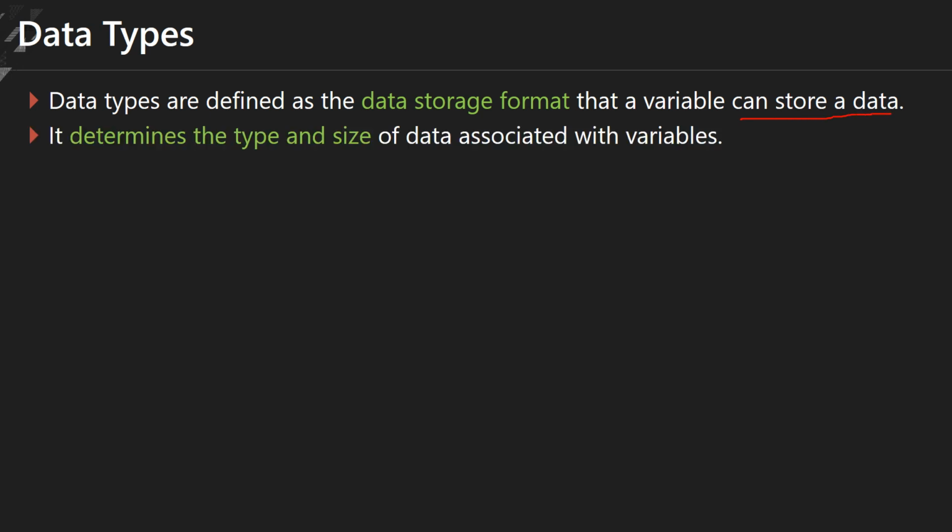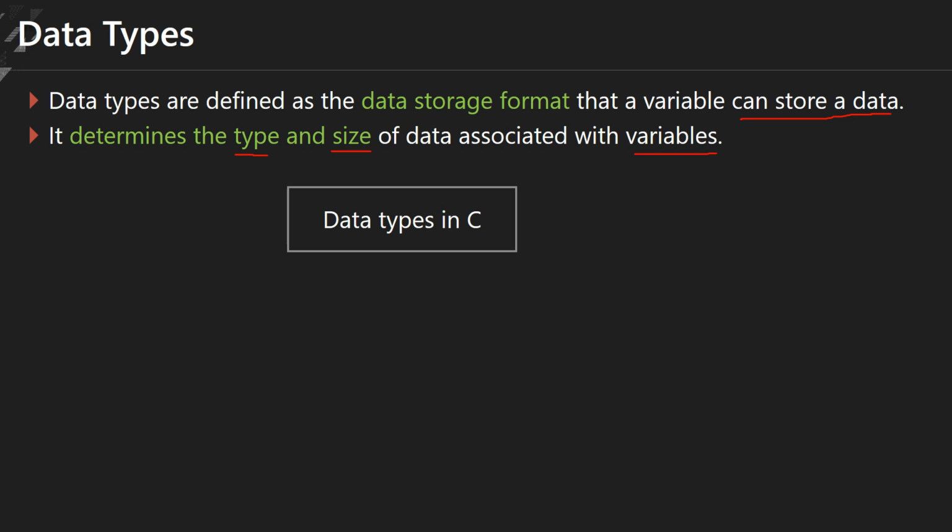It determines the type. What is the major advantage of using it? Any value you store in a particular variable will define what kind of data you are storing and what size of data you are storing.